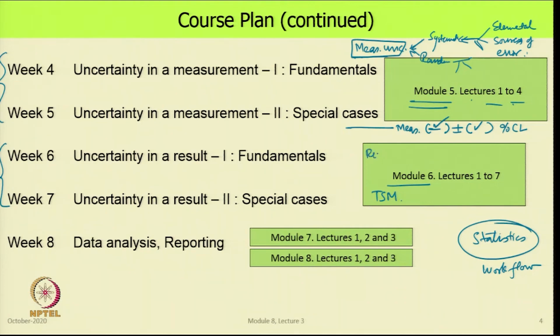We defined what the result is, and then using statistics and calculus, we developed the full Taylor series method and various relations and formulas, so that given the uncertainty in the measurement, we can calculate uncertainty in the result. We got that relation. So, at this point, for every result that we want, we have a mean value plus minus some uncertainty at some confidence level.